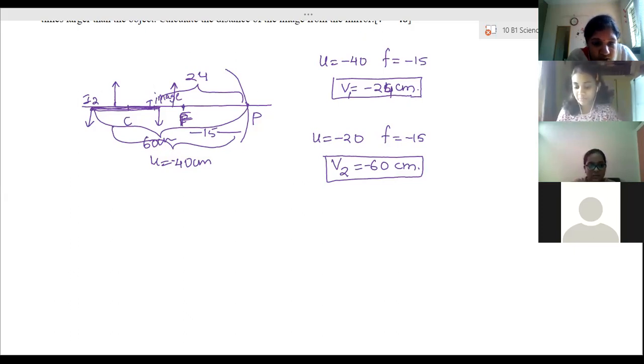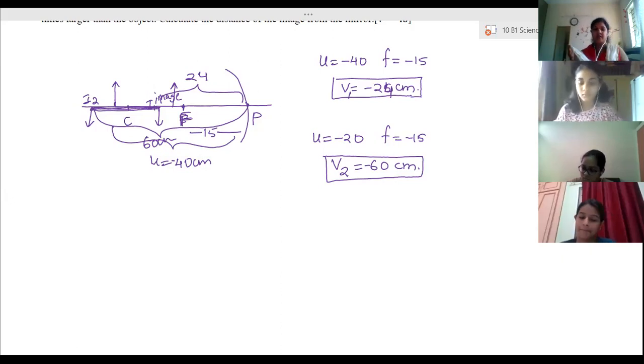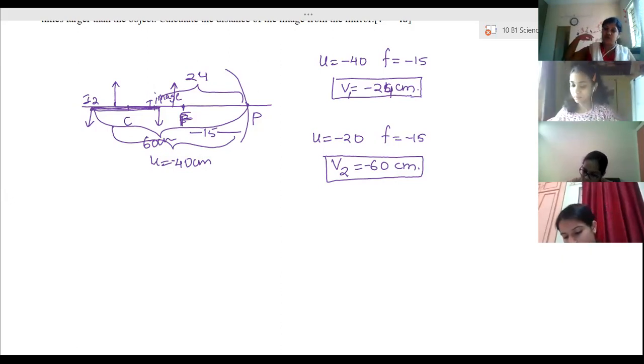The image formed by a convex mirror of focal length 30 is a quarter of the object. Quarter means 1/4. It is a convex mirror, so magnification is always positive, because it always forms a virtual image.